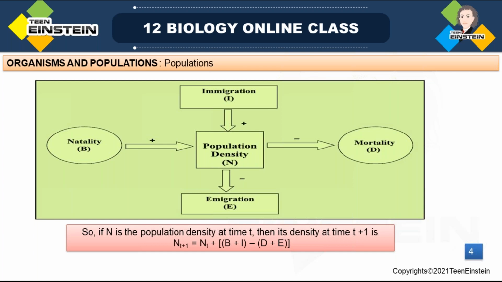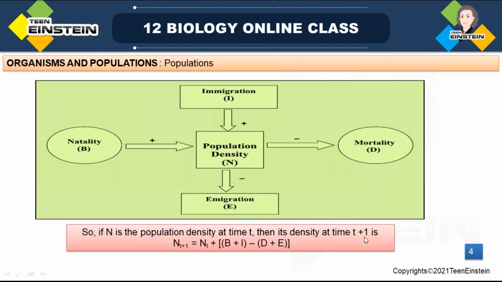From these population characters, the population density is represented by N. Population density N at time T can be expressed after a period of time, T plus 1. So how can we write the equation?